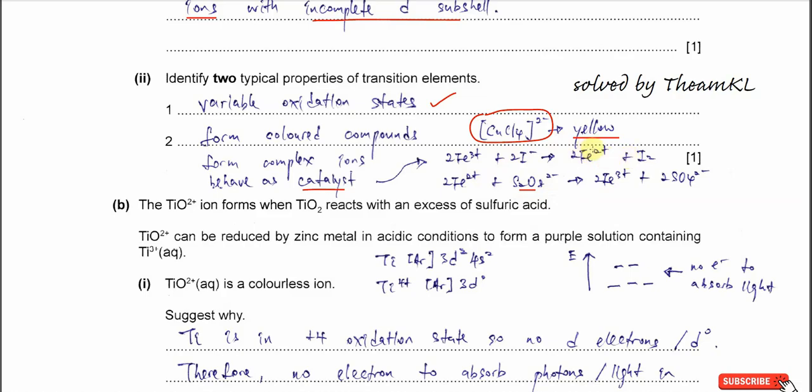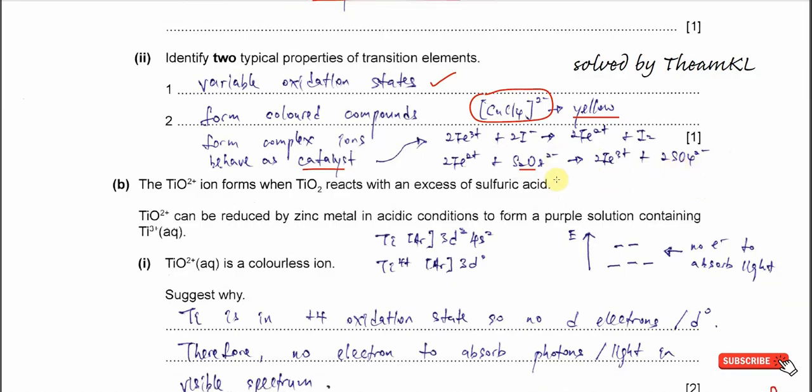Then the Fe2+ that forms will further react with the persulfate. So Fe2+ will be oxidized back to Fe3+, and the persulfate will be reduced to sulfate. Therefore we know this is a catalyst, Fe3+ regenerated.